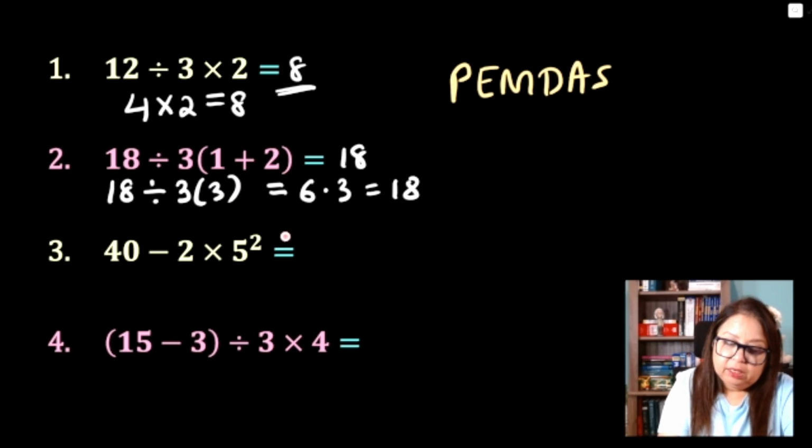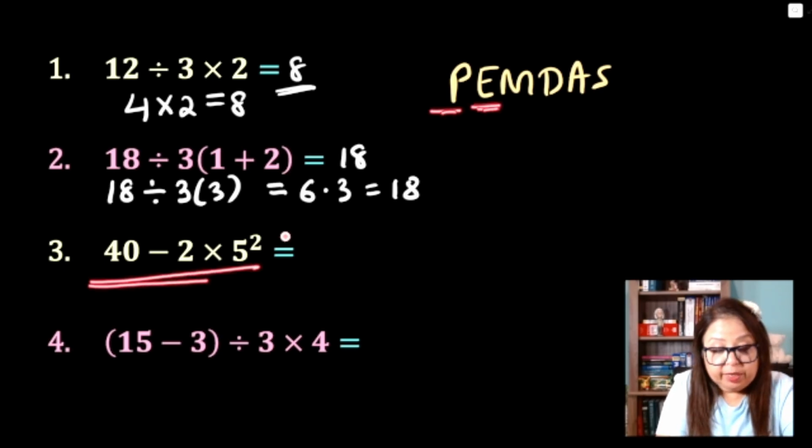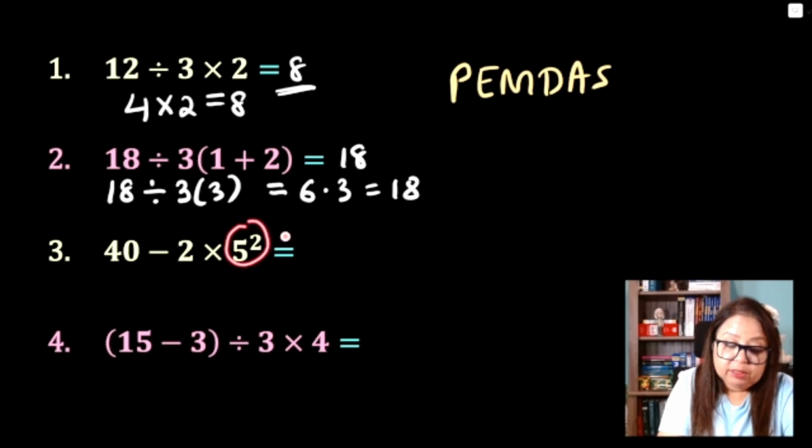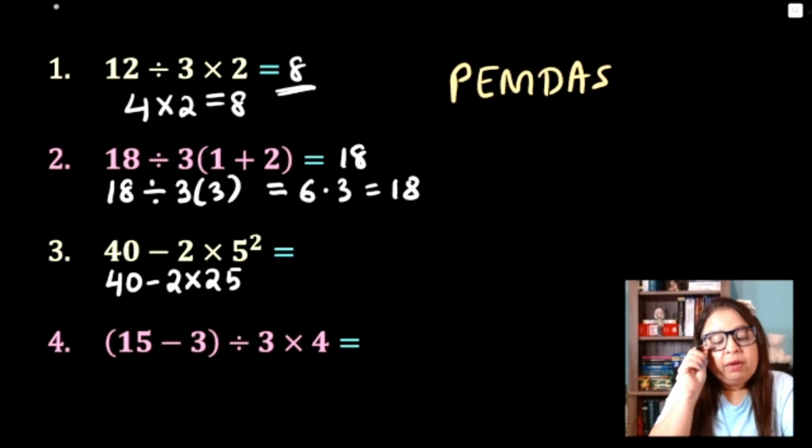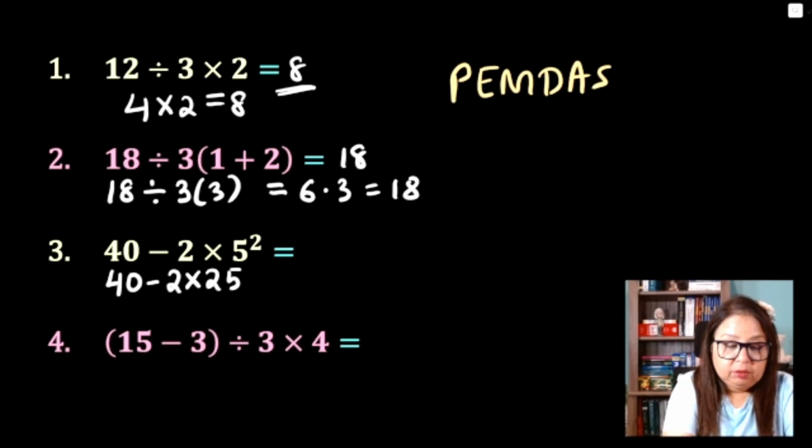Problem number 3. Is there any parentheses? Nope. Is there an exponent? Sure is, 5 squared. So the first thing we're going to do is evaluate the value of this exponent. So what do we get? We get 40 minus 2 times 25. 25 comes from 5 squared. Next.